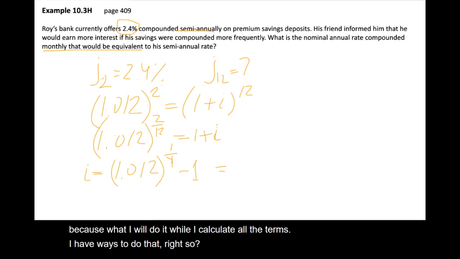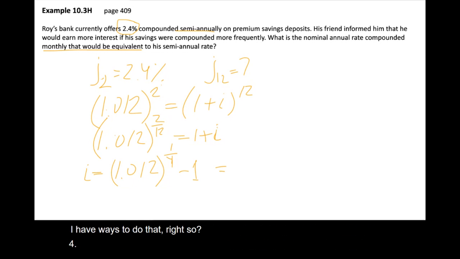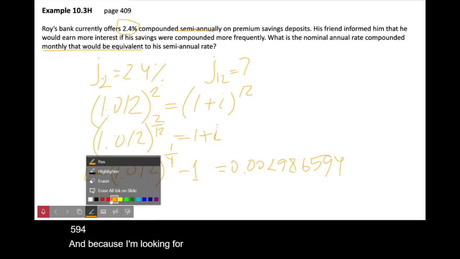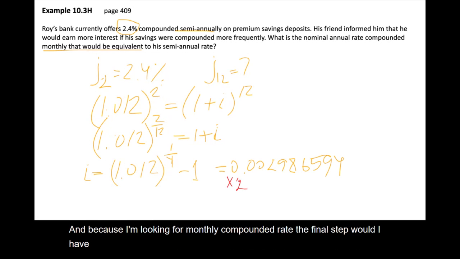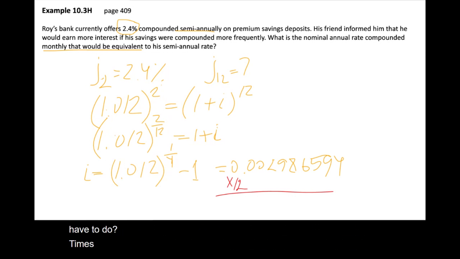So 4 minus 1, and I have 0.00298654, and because I'm looking for the monthly compounded rate, the final step is times 12.